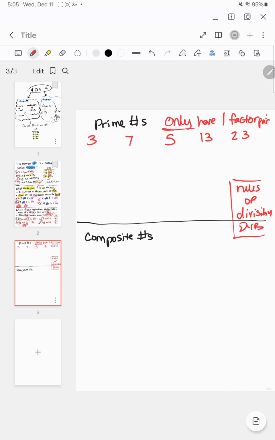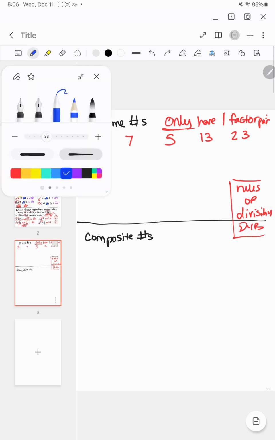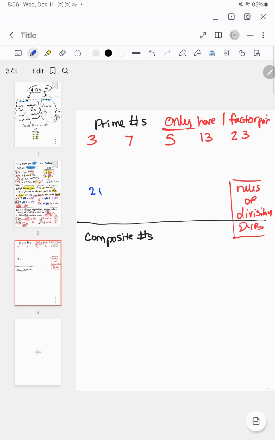That doesn't matter. Most even numbers usually are composite, but still you can't just swear that it's composite, depending on how it looks. So let's do 21. I'll add that up there. And I will prove how 21 cannot be used as a prime by putting all these numbers on a T-chart.